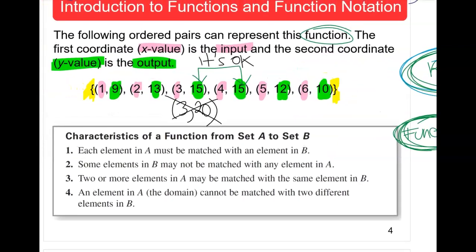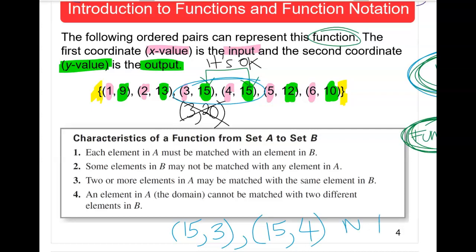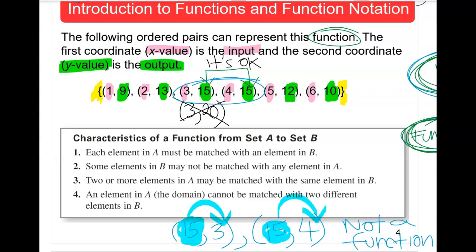So for example, if we were to invert the order of these 2 points, and we will have something like 15 related to 3, and then 15 related to 4, then that will make it not a function, because 15 is being related to 3, but also to 4.